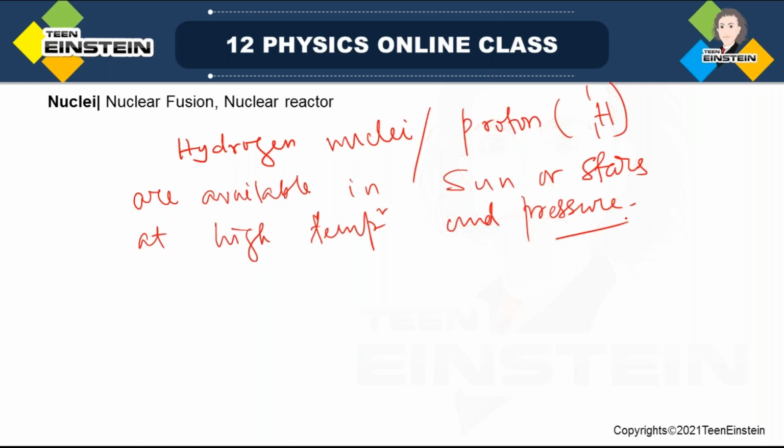So this extremely high temperature which exists within the sun and stars provides a suitable condition for nuclear fusion to occur. A suitable environment inside the stars for protons to combine to make helium.